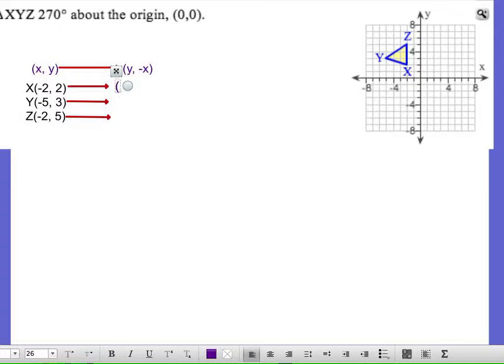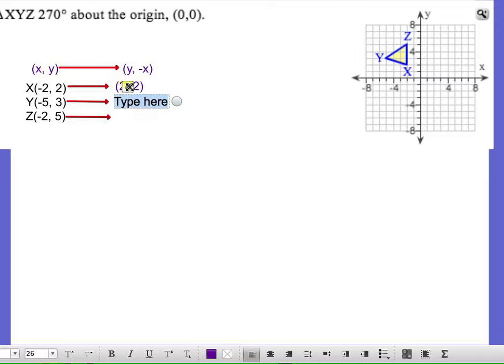So all we're going to do is switch the position of our coordinates and change the sign of the X. So for example, X is at -2, 2. When we switch places, it becomes 2, -2, but remember the X has to change signs. So we're going to make that -2 into a +2.